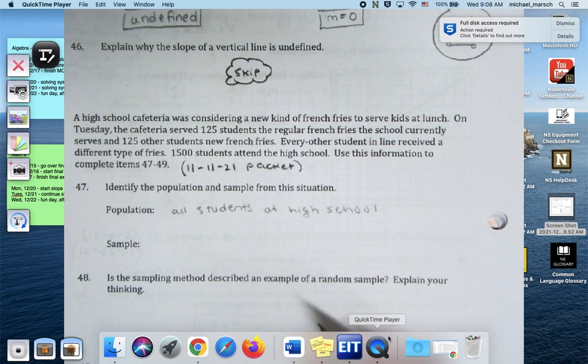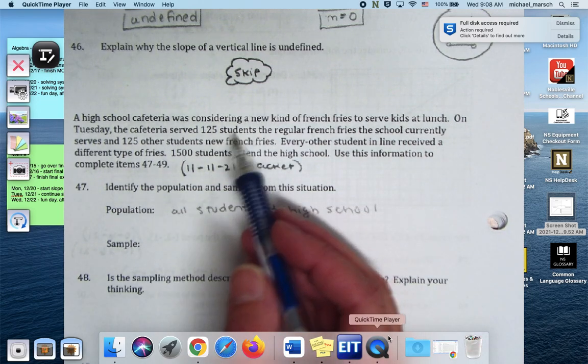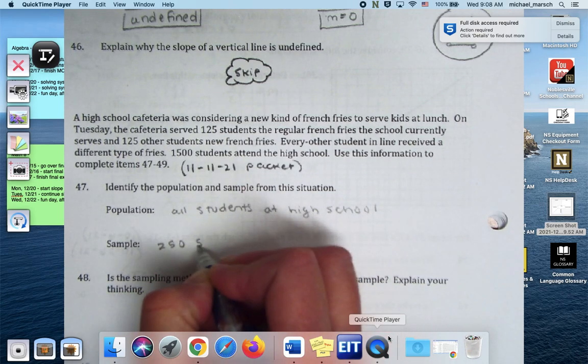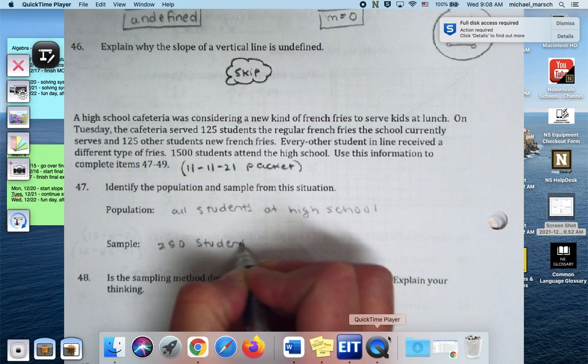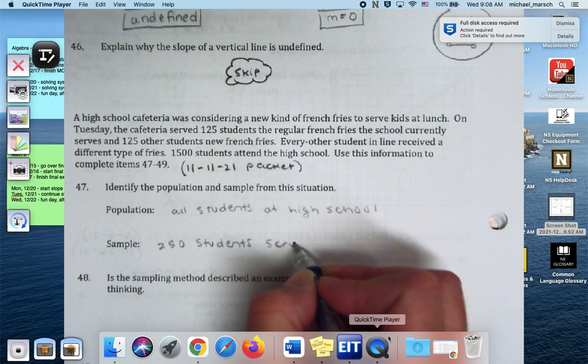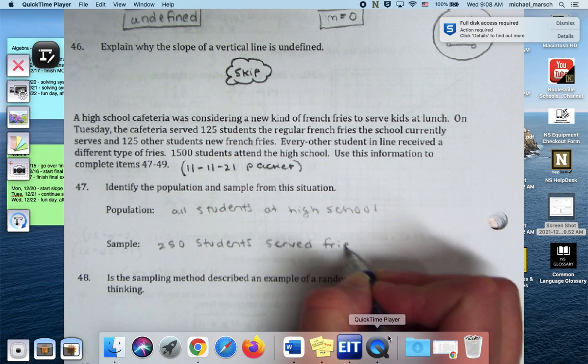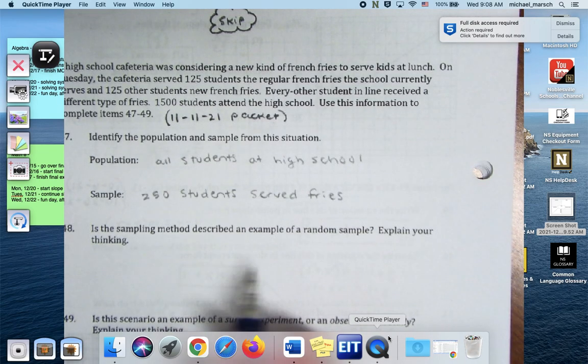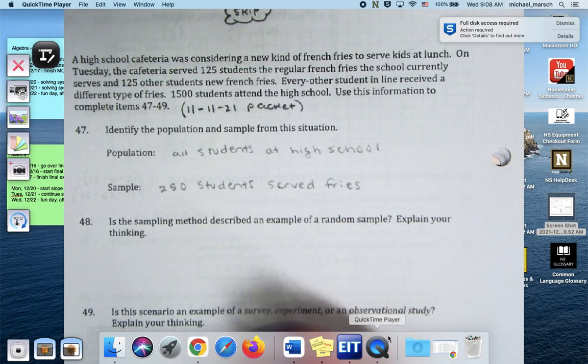And the sample is the 250 students, right? Because 125, 125. Is the sampling method described an example of a random sample? Sure is.